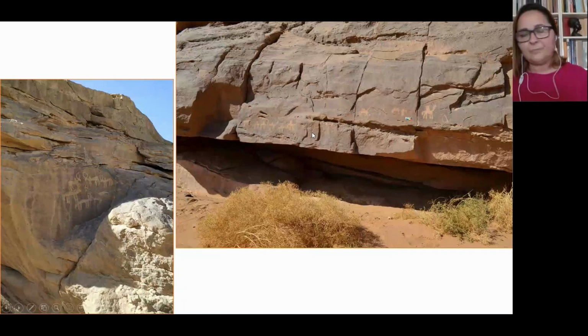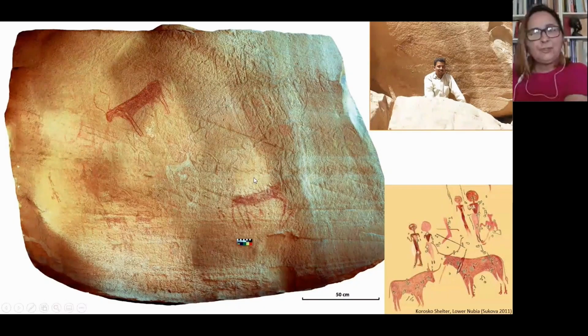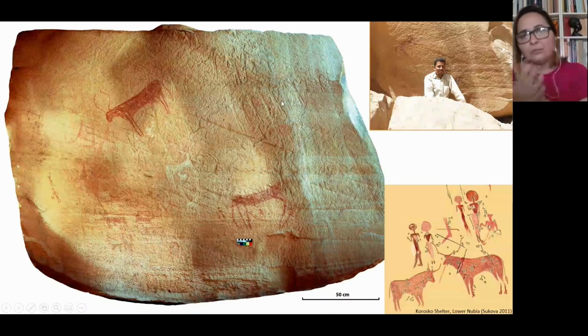So really, the evidence of this kind of artistic use of the area prolonged through the millennia. One particular panel found here on this small overhang is painted. So this is quite a unique occurrence in Egypt, but painted rock art is known farther south in Nubia, also in the Sahara. In this case, we have cows, again, cattle of different kind, and similar to the Nubian tradition, on top of earlier depiction.